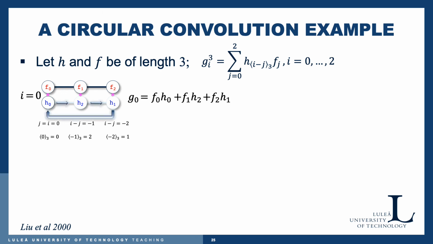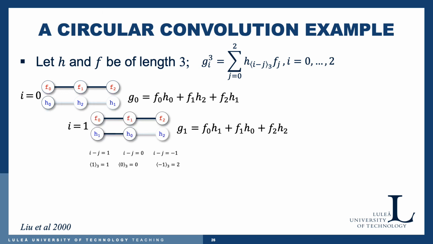Now we move up one step in our index i, so evaluate g1, and we just circulate h as the arrows indicated there, and therefore we get h1, h0, h2 on the positions.